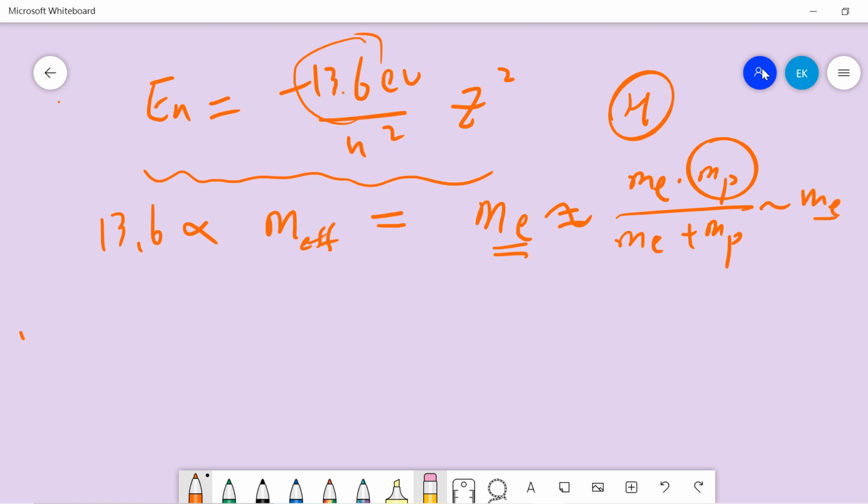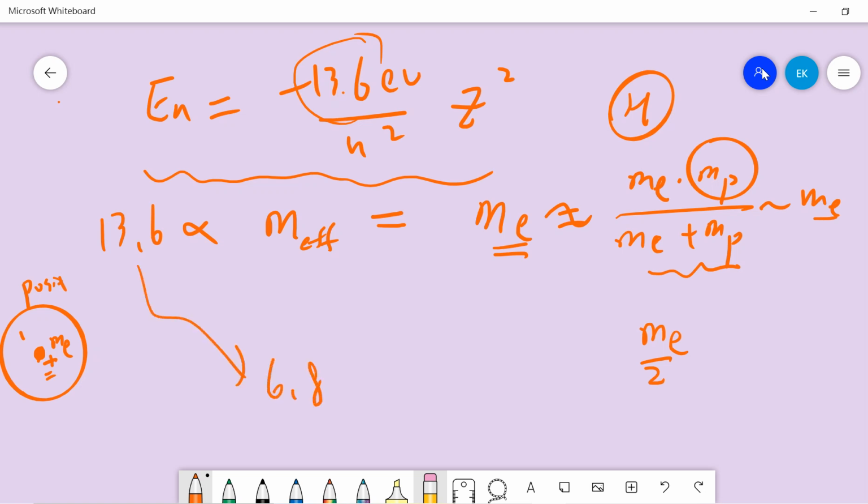But in positronium, which contains a positron, the positron is a particle with the same mass as an electron but positive charge. If you plug in this formula, you will see the effective mass is m_e over 2. So that means 13.6 will become 6.8.